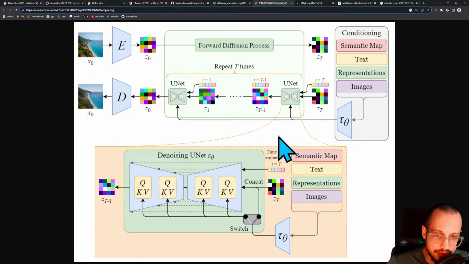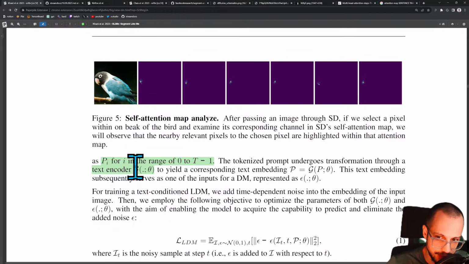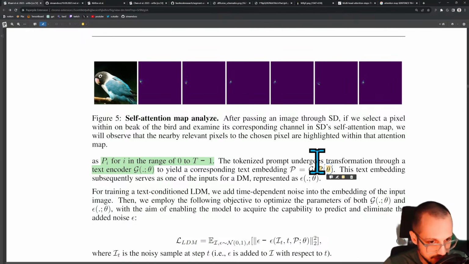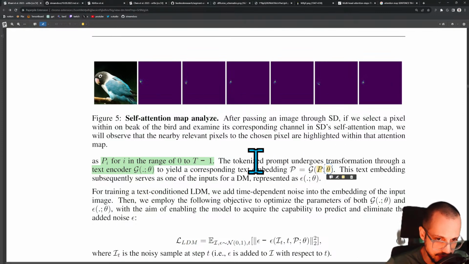Unfortunately for us, in this diagram the text encoder is tau theta, but in this paper they call it G theta or script G. I'm just going to call this script G. To yield a corresponding text embedding, script P equals script G of P and theta, right? So this text encoder takes in the raw tokens P, and then it has some model parameters, theta, right? So some weights inside this little text encoder, and it produces this text embedding script P.